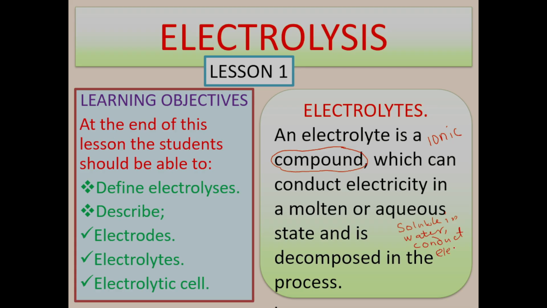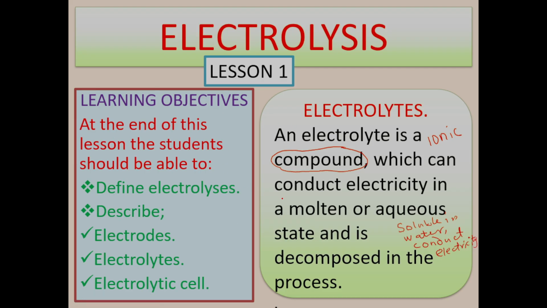So, having seen these properties of ionic compounds, we can say an electrolyte is a compound which conducts electricity in a molten or aqueous state and is decomposed in the process into the component ions.